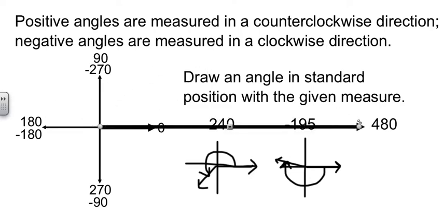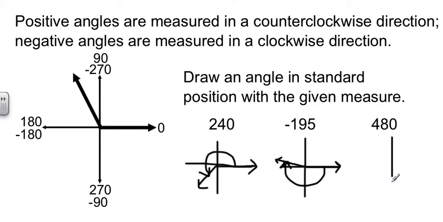Let's tangle with our last one. We're going for 480 degrees this time. Positive directions, we're going to go counterclockwise. 90, 180, 270, 360. 90 more makes 450. So 480 will be somewhere out here. Now, how do we show that on here?